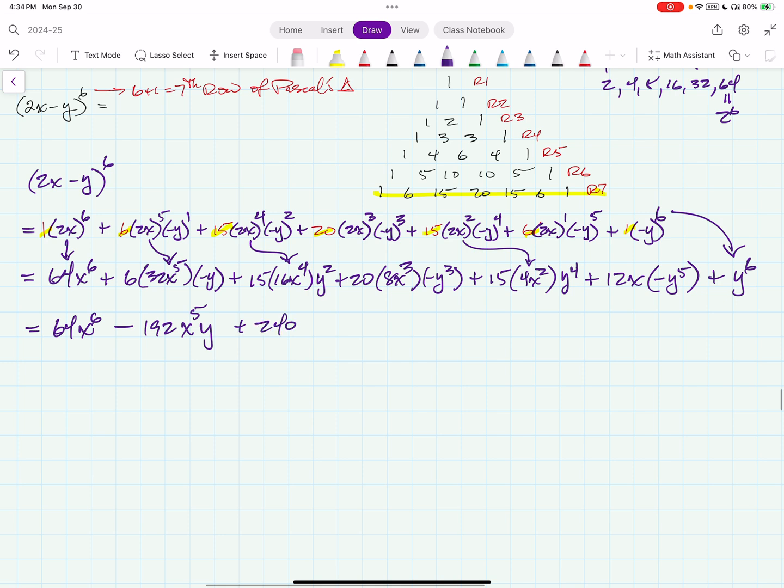So you got 240 there times x to the fourth times y squared. 20 times 8 is 160 times negative 1 is negative 160. So change signs right there. Times x cubed times y cubed. 15 times 4 is 60, so we get 60x squared times y to the fourth. 12 times negative 1 is a minus 12 times x times y to the fifth plus y to the sixth.